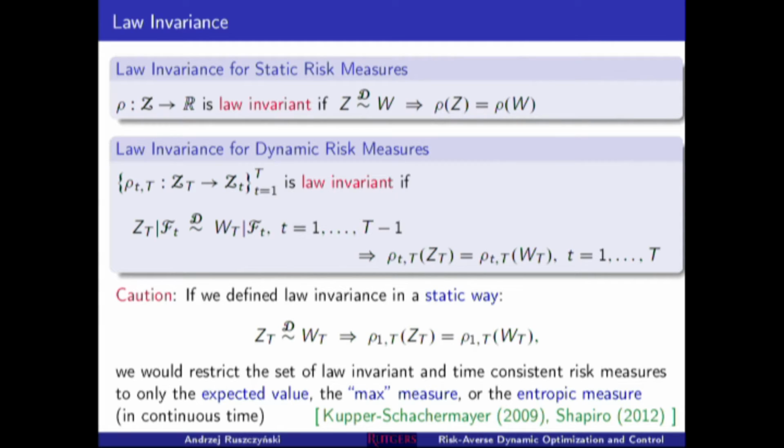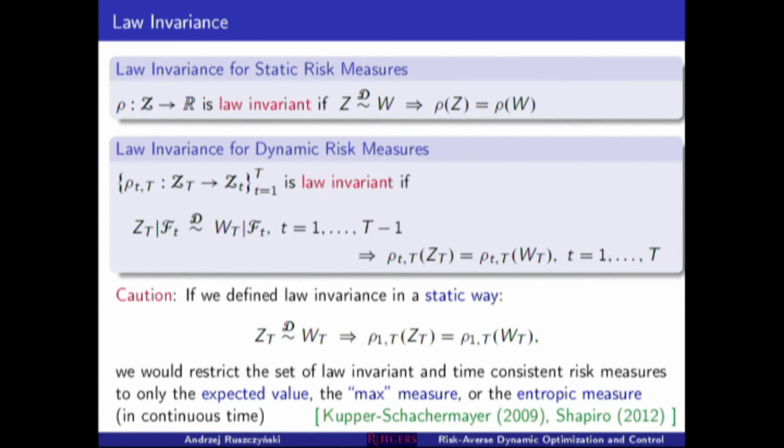Now, it is tempting to think of a law invariance in the dynamic case from the static perspective. But if we defined a law invariance in a static way, this means if only the final cost Z has the same distribution as W, then the risk measure looked at from the initial state is the same.